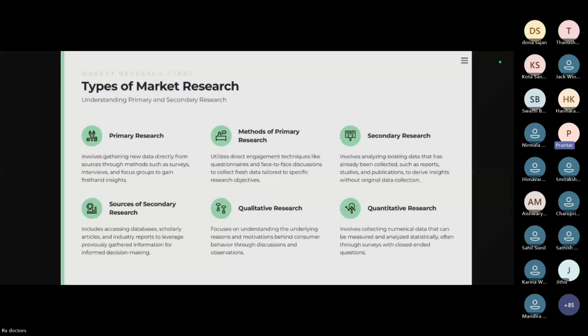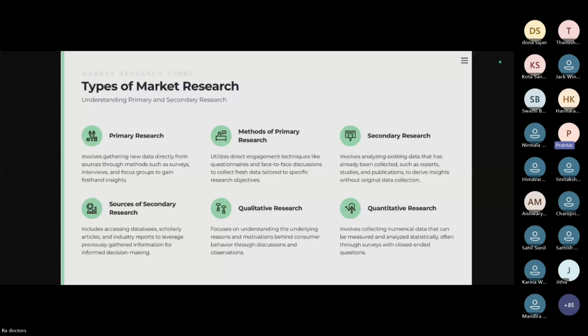So these are the types of market research. So basically, it can be divided into two. It is primary and secondary. It's the source that we get the data from. Primary research is hands-on. It's like gathering data directly from the source, like surveys or interviews or focus groups.